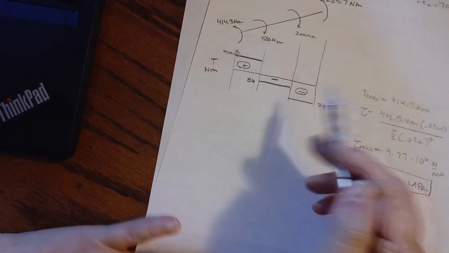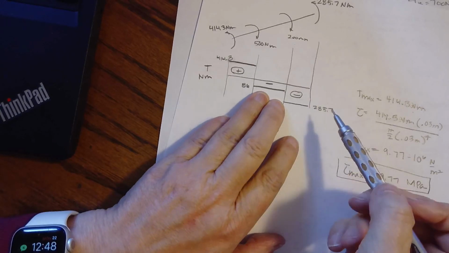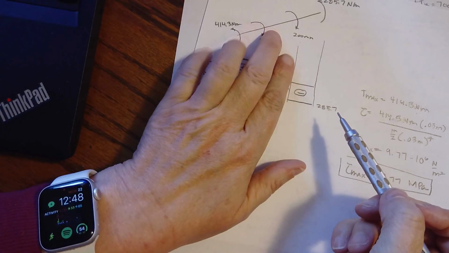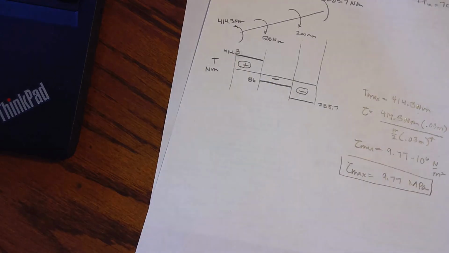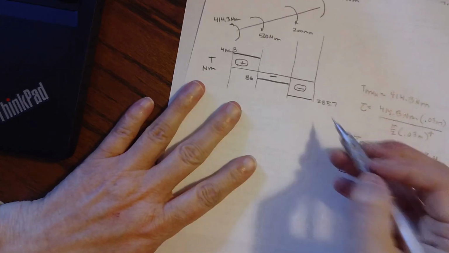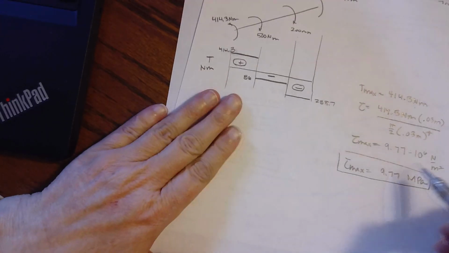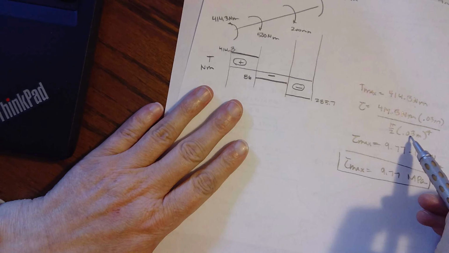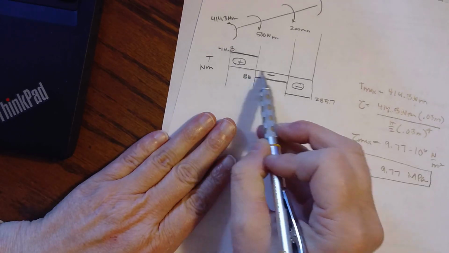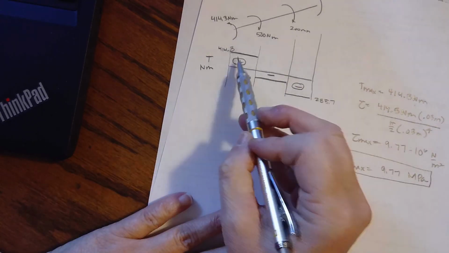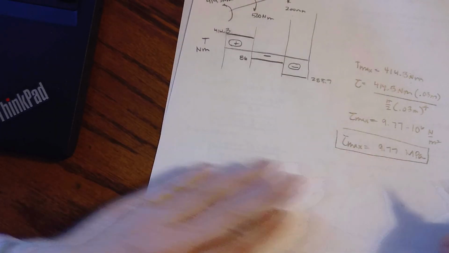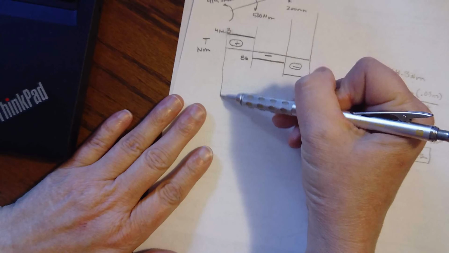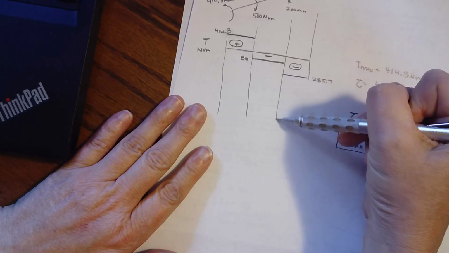Now again, if we'd had different sized diameters here, like if this had gotten a lot smaller, then we would have to go back and actually check the shear stress at each of these places because it's going to get a different shear stress if we have different values in here. But because it's all the same diameter, we can go with the largest torque to get the shear stress.